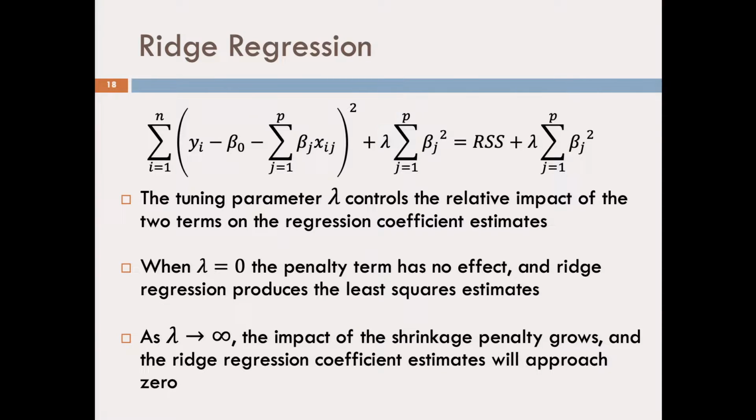So the higher this is, the higher the summation that's going to increase our error. If we want to minimize the error and we are increasing the summation, our model will seek to find coefficients that tend to be smaller.